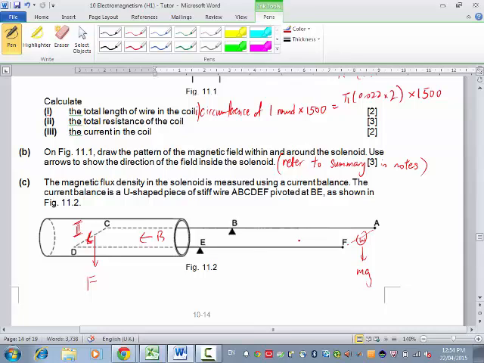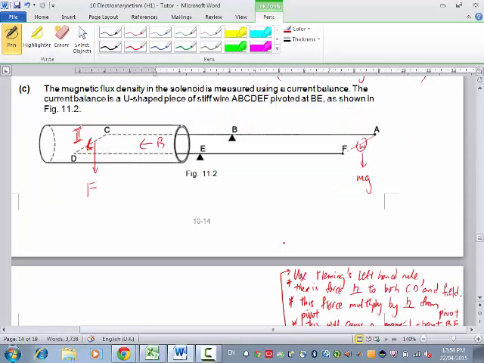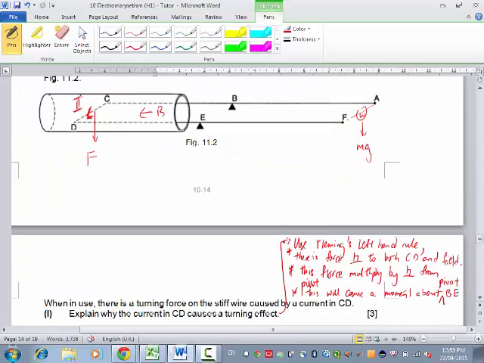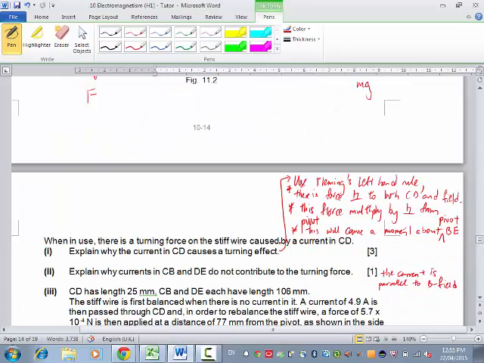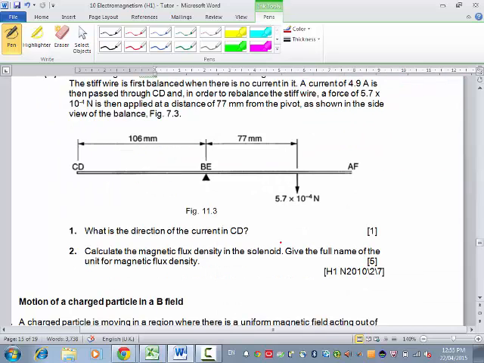You see the picture, the B points to the left, the force is down, the I must be from C to D. The explanation is just by Fleming's left hand rule. The direction of the current is from C to D. Reason: Fleming's left hand rule.